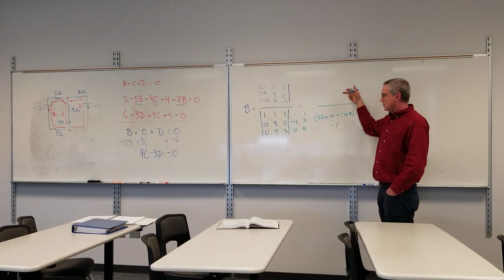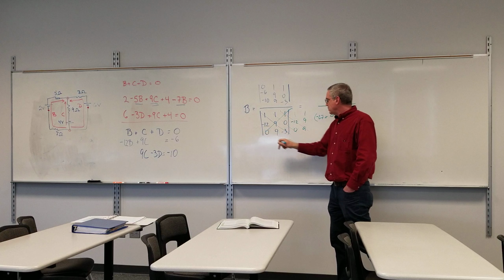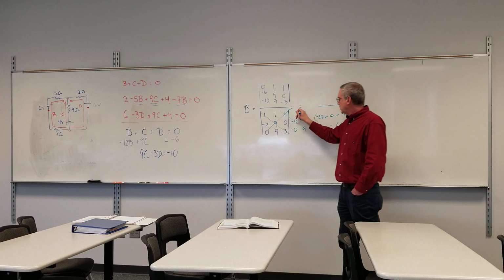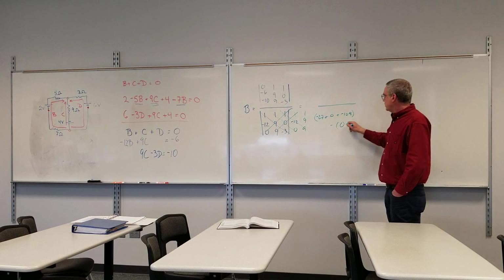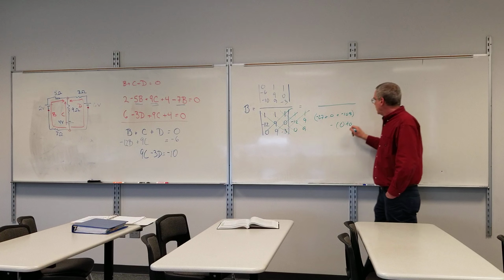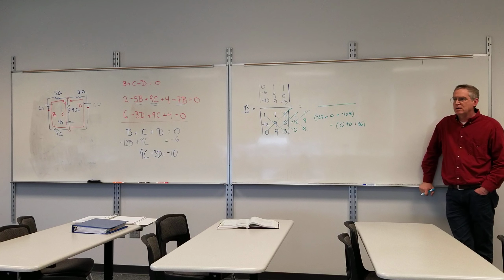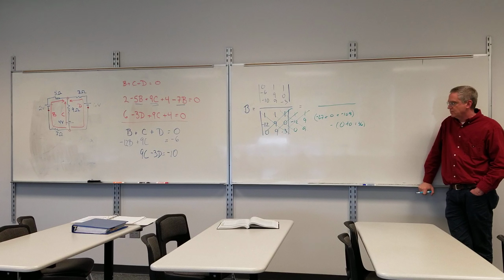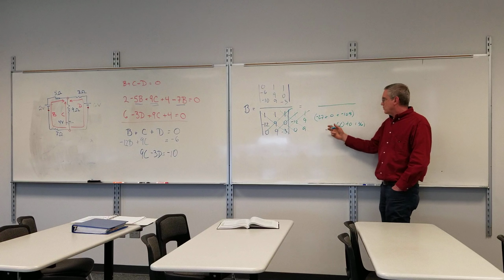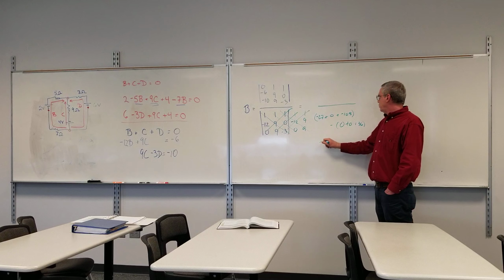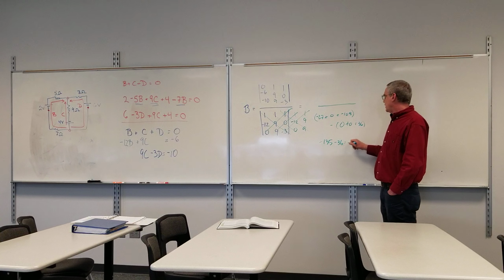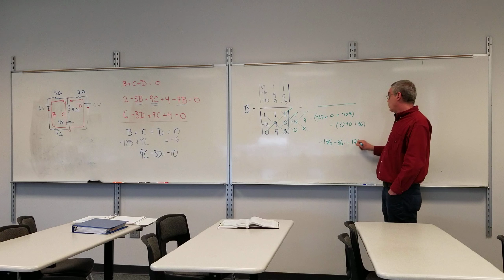Minus, now the diagonal's in the other direction, 0. Plus 0, plus 36. And so this becomes negative 135 minus 36, or negative 171.